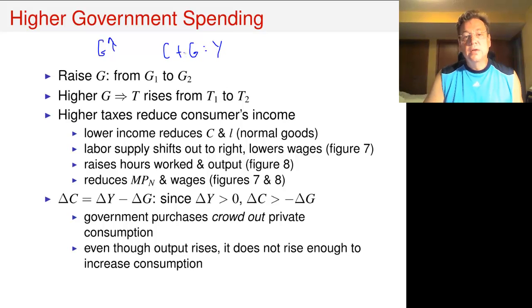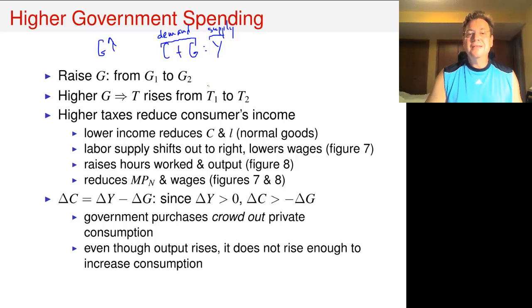And this is the goods market clearing condition. But this left-hand side has the interpretation as demand for goods, and the right-hand side has the interpretation of supply of goods. So an increase in government spending is going to increase the demand for goods.